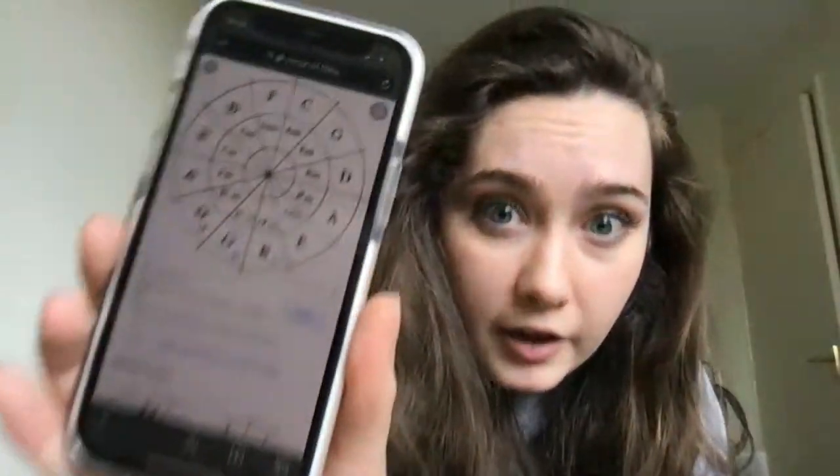So circle of fifths then, how do I use this to write a song? There's one really cool method to write a song using your circle of fifths. You want to pick your key. So let's say G, and remember, G is 1 along from C, which means G is going to have 1 sharp. So with our G, what we first have to do is write out every single chord that we could have in the key of G. So we're going to have G major, A minor, right?